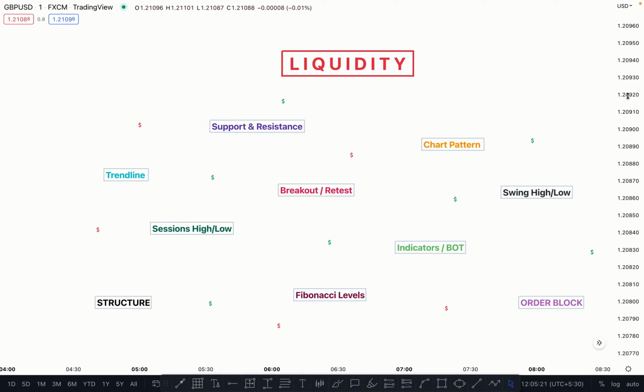So what is liquidity? Actually, liquidity is a transaction between buyers and sellers, and banks monitor your entry, your stop loss, and your target.